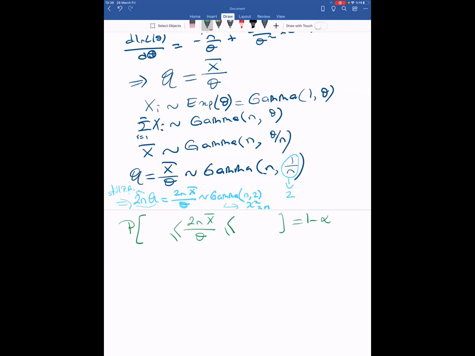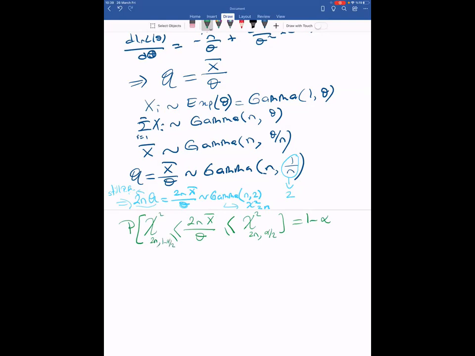You can try and show that if we use equal tail probabilities, we will minimize the expected length. So we're using the chi-square 2n upper bound and chi-square 2n lower bound.